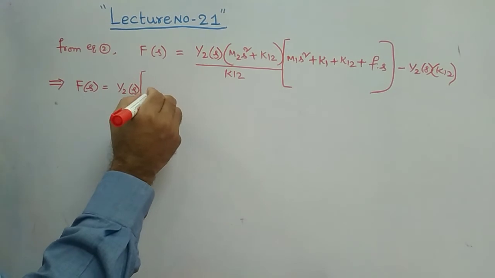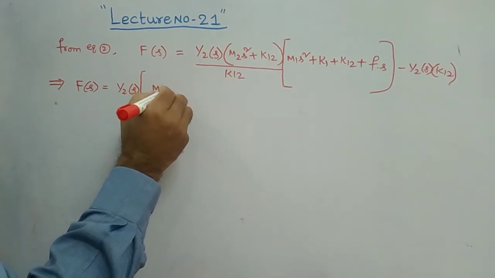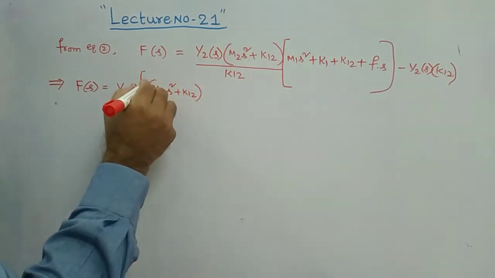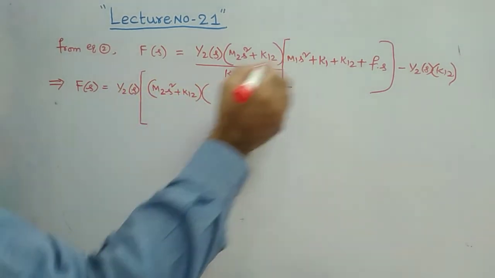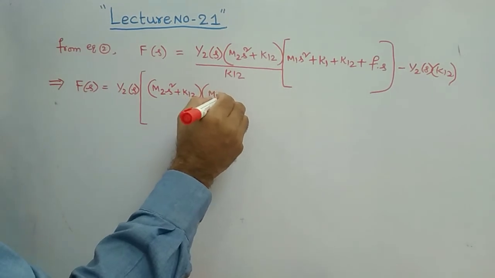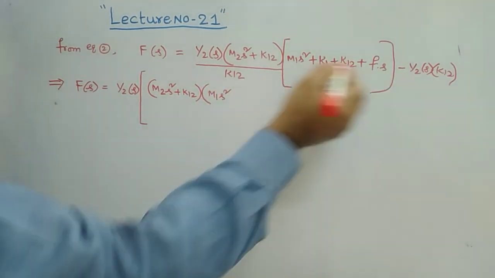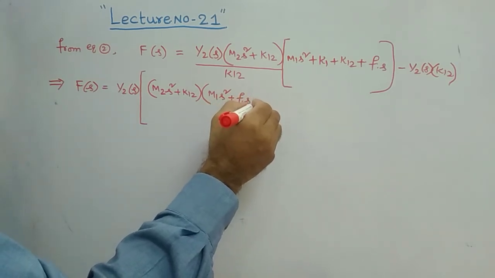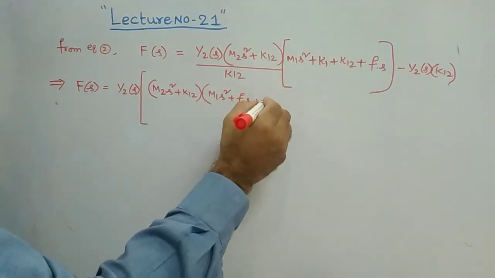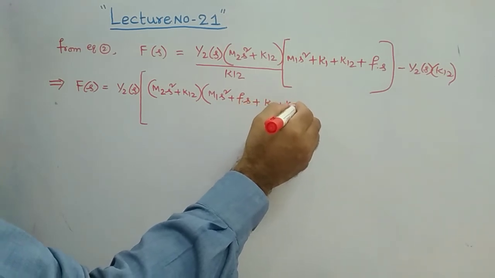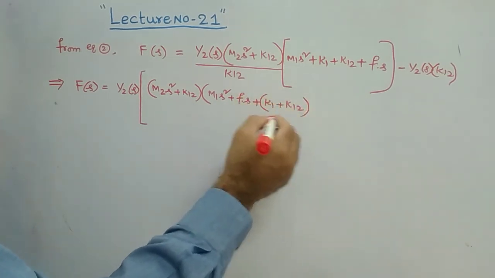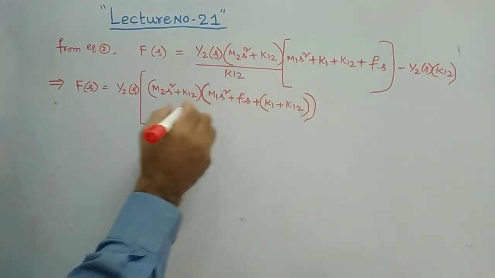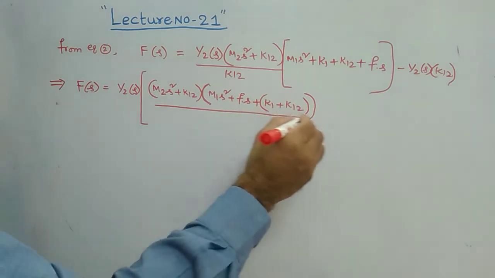So you write m2 s square plus k12. Definitely you should keep in bracket here. And again this also, it is m1 s square, second term, then you write f into s first. It is good to write like that. And plus it is k1 plus k2, again it is a constant, then keep in bracket because it is the total spring constant. And your bracket closes here. This is the big bracket and this is another bracket by your k12.